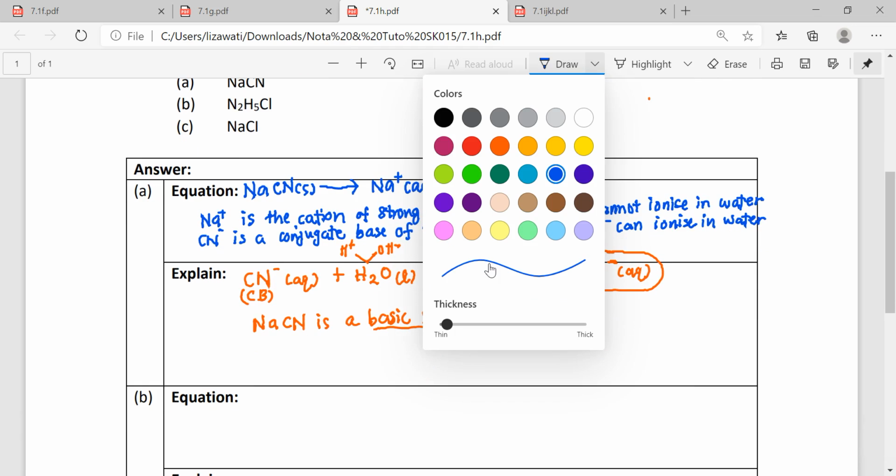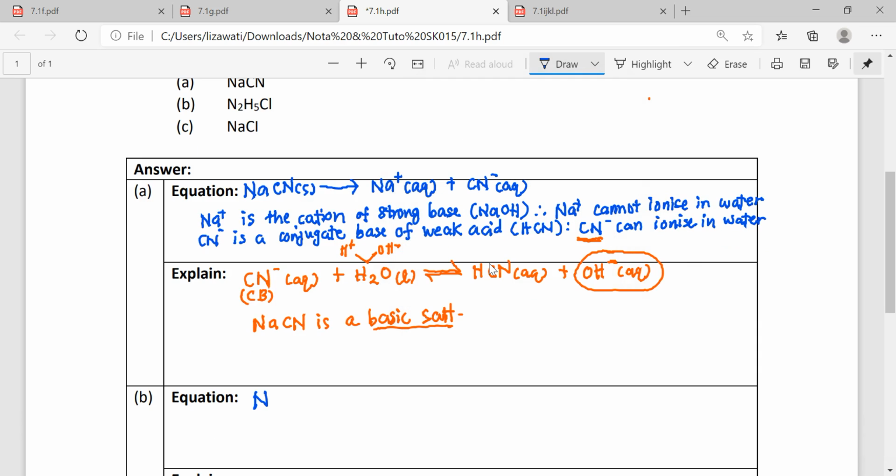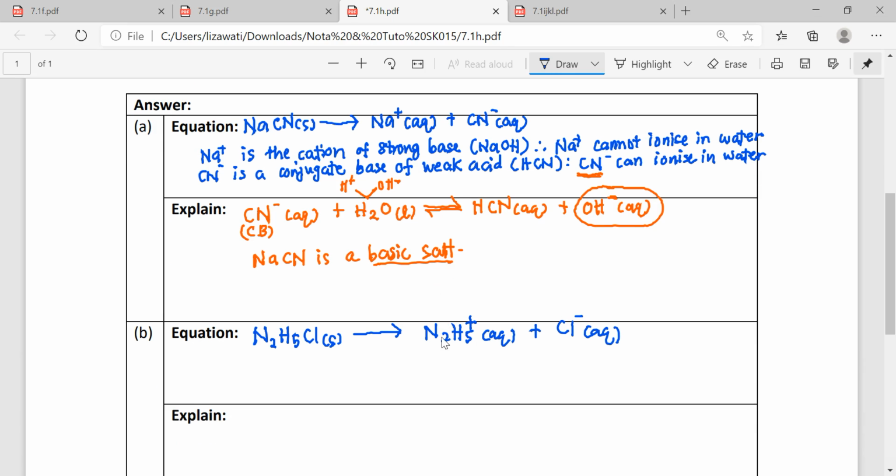Next for B, N2H5Cl. First of all, you have to write the hydrolysis equation for the salt. The salt exists as a solid, so it will 100% dissociate and become N2H5+ aqueous plus Cl- aqueous. Now we have to analyze which of these cation and anion can undergo ionization in water.